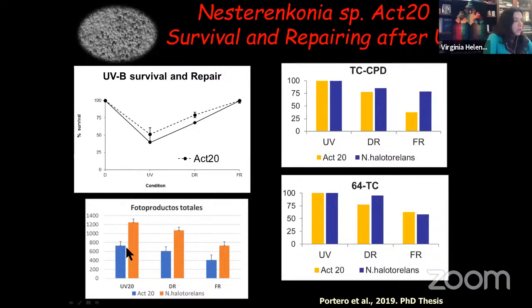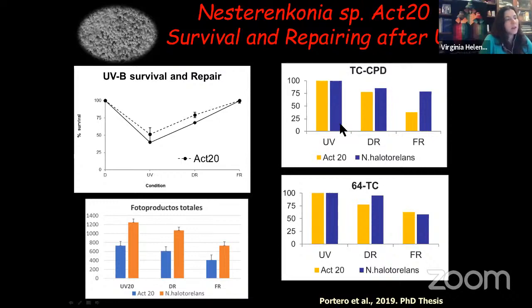And also is the case for Act20, but dark repair is not as efficient as photo repair. These are total photoproducts. That means we are checking the photoproducts that are CPD lesions and the ones that have a different chemistry, which is 6,4-pyrimidine-pyrimidone, and Dewar products.